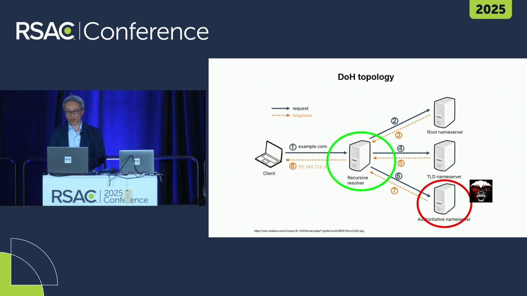So if some security control specifically looks at DNS for suspicious activities, this might break their inspection.